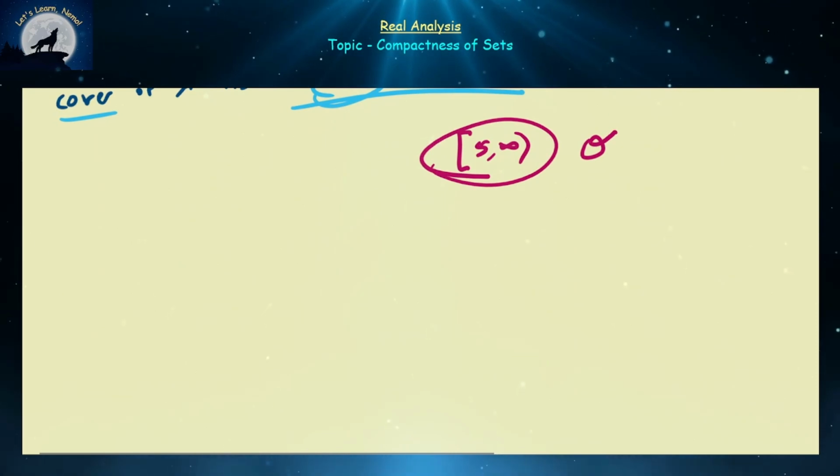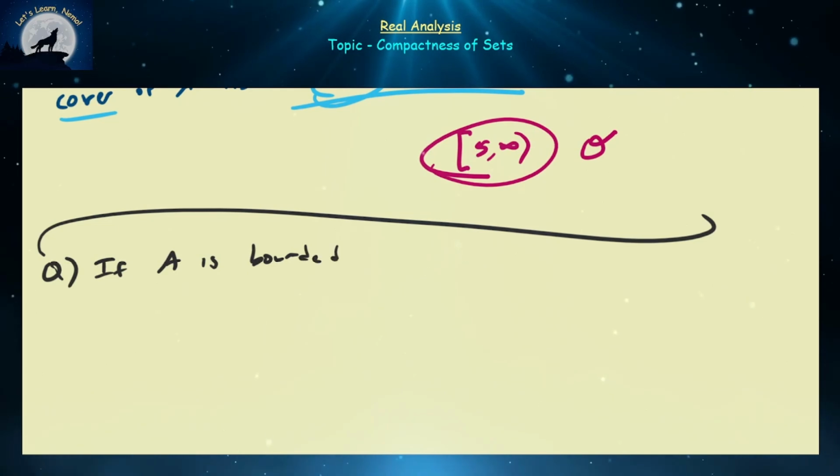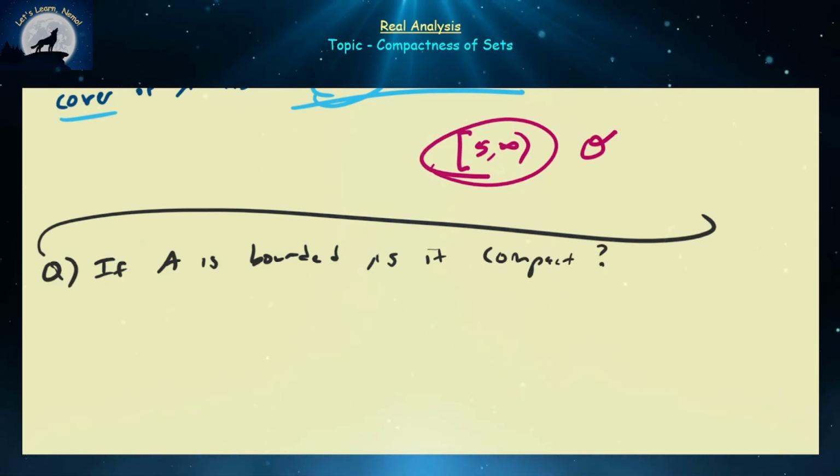So let's look at a little bit more of a specific type of set. So question: if A is bounded, which our little example from before indeed is, is it compact? If a set is bounded, does that mean it is compact?